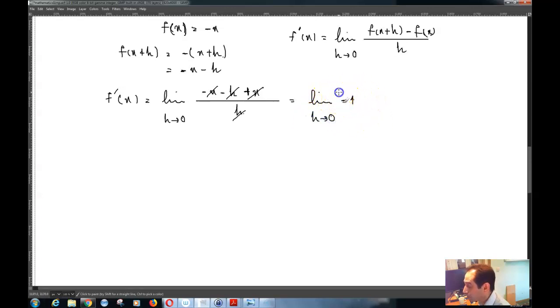So the limit of negative 1 as h tends to 0 is equal to negative 1.